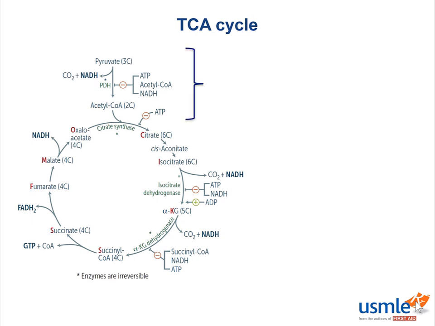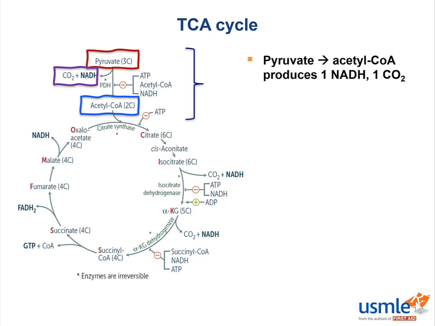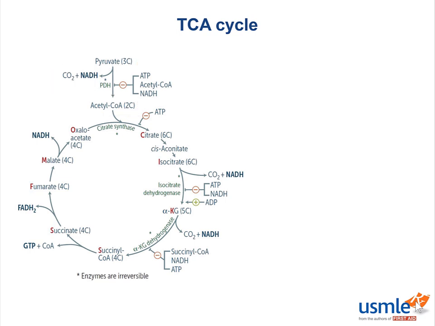Let's focus here at the top of the diagram first. The reaction driven by PDH, or pyruvate dehydrogenase, turns pyruvate into acetyl-CoA, and this produces 1 NADH and 1 carbon dioxide. Okay, now let's get into this lower section of the cycle.